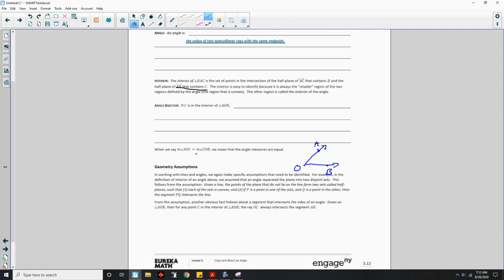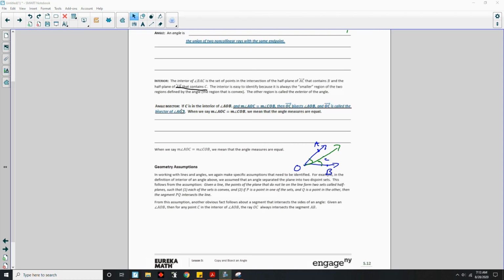When we say angle AOC, oh, I'm sorry, if C is in the interior of angle AOB, so then I've got a C in here, and that is C. So it's in the interior, and bisect means to cut it into two congruent pieces. So then that would mean if I drew another ray from O through C, then my two angles I just formed, this one and this one, are congruent.